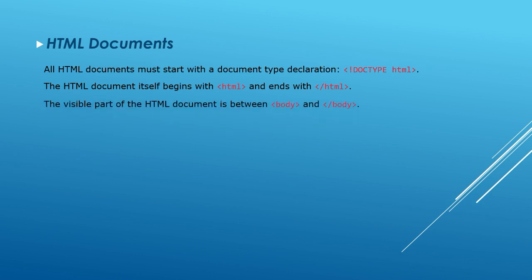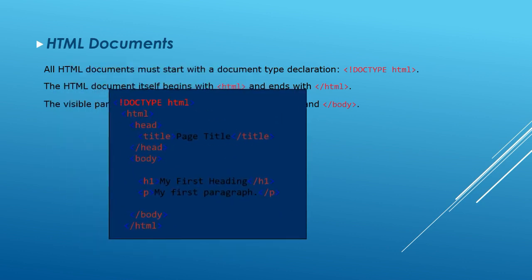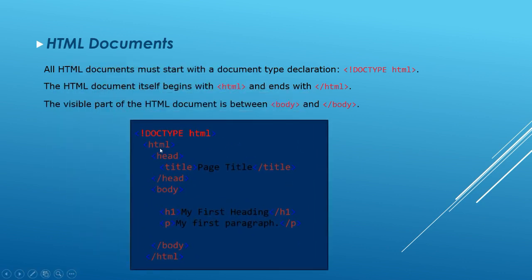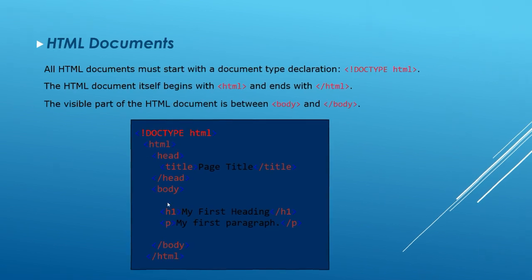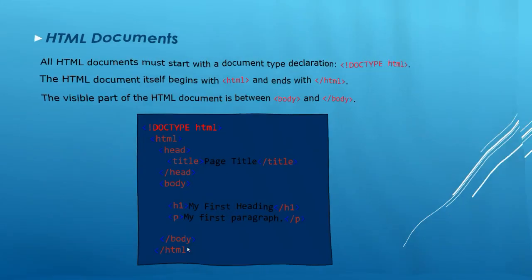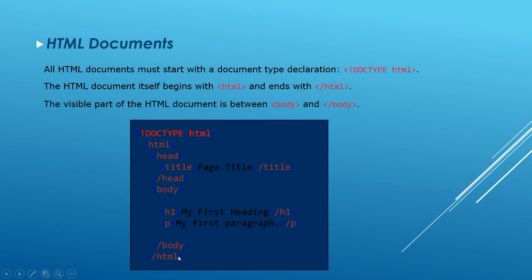The visible part of the HTML document is between body and body. So this is the example code of HTML. You see, this is the doctype declaration of the HTML page. This is the HTML starting tag, and this is the ending tag.